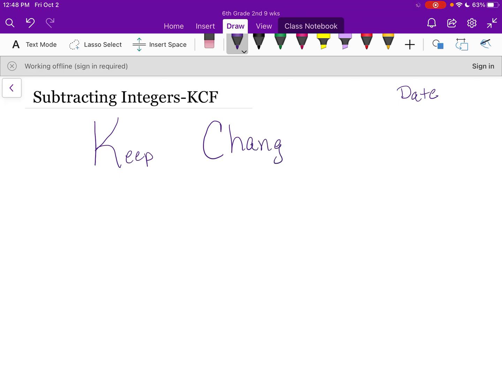Change. I said the wrong thing. I'm going to do keep, change, switch. Keep, change, switch. So we're going to keep the first value.